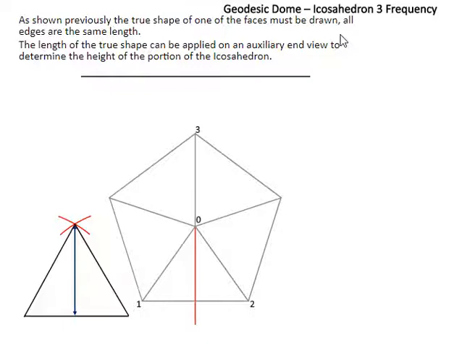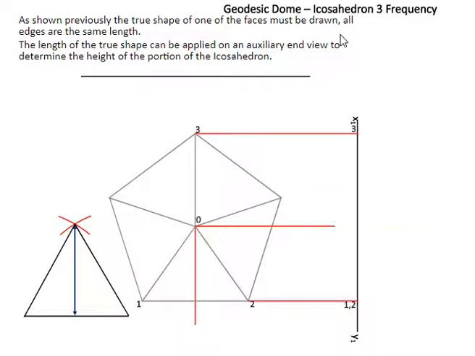So as you can see, I draw a line then from 0 down. So then we put in our x1, y1 line. We draw our lines across.